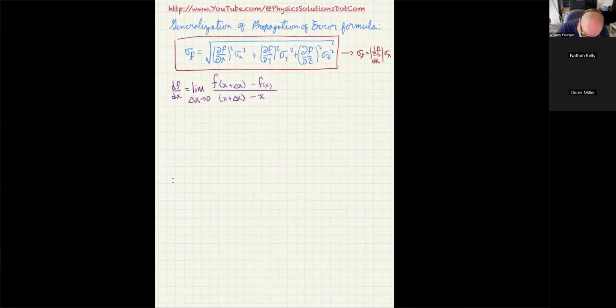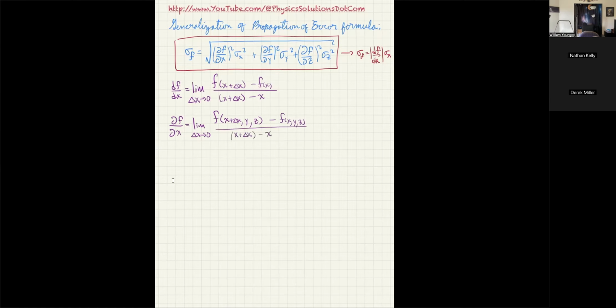Now, to show you the definition of a partial derivative, and I'm again going on the assumption that the function is a function of x, y, and z, this is going to be a limit as delta x approaches zero of, here's the different part, f of x plus delta x, y, z, minus f of x, y, z, divided by x plus delta x minus x.